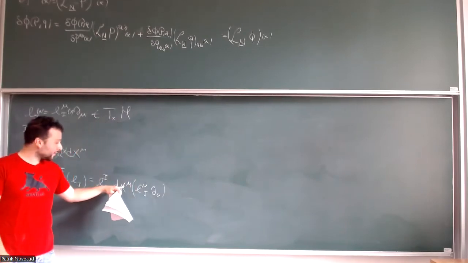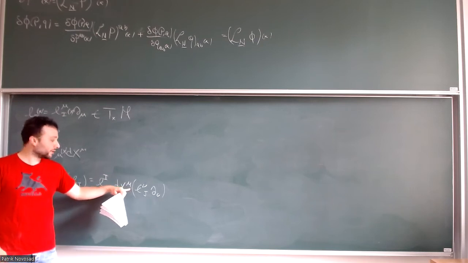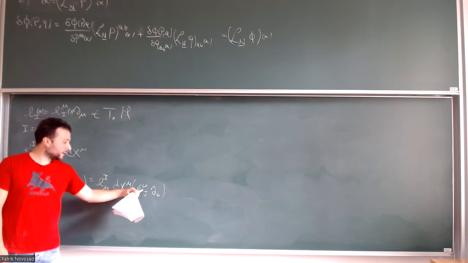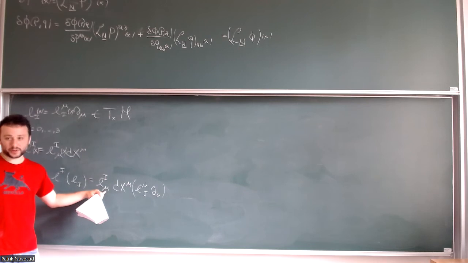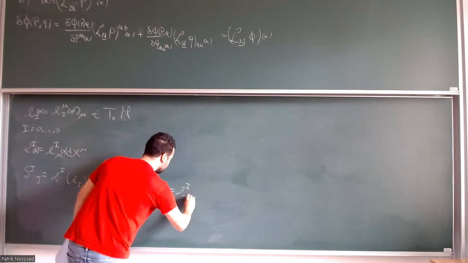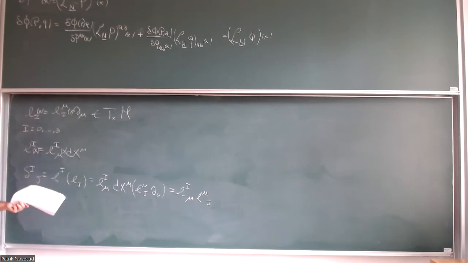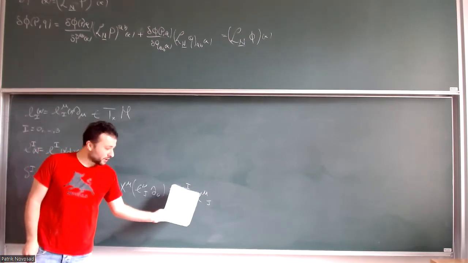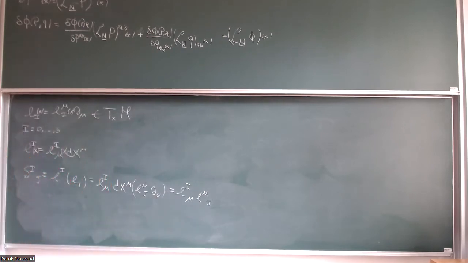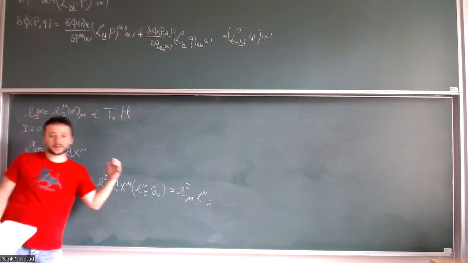When this one-form acts on this, actually we have the Kronecker delta between mu and mu, and so we contract mu and mu here, so this is given by this: the contraction in the space-time indices.